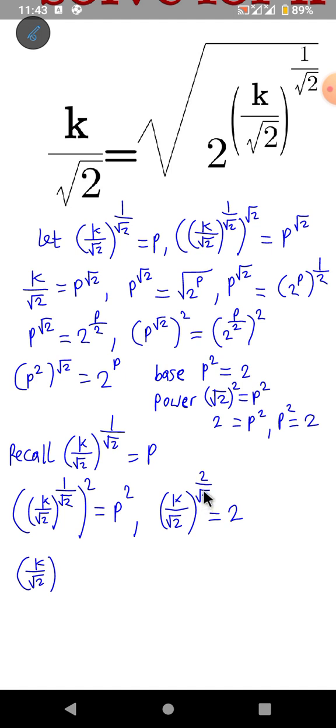If I multiply 2 over root 2 by its conjugate and divide, I'm going to get root 2. So 2 over root 2 is the same thing as root 2, all equal to 2.